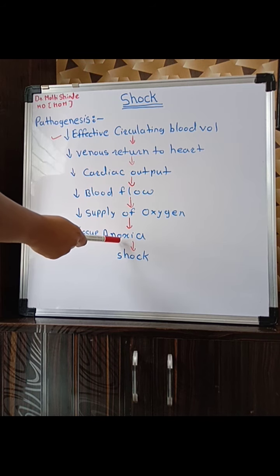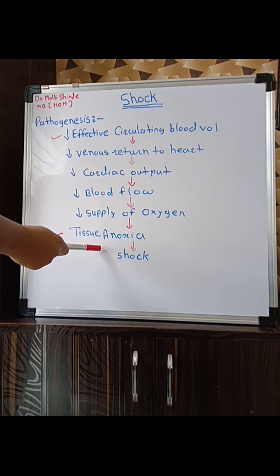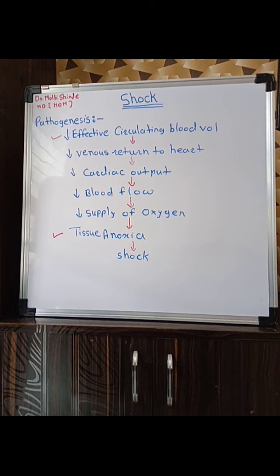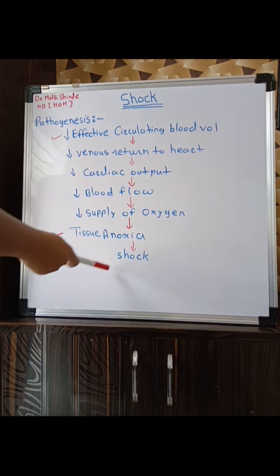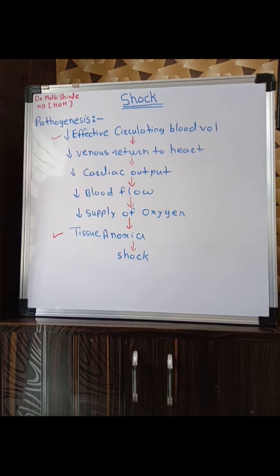Due to the lesser supply of oxygen, there is secretion of toxins by the cells and tissue, and when these toxins are secreted by the cells, that leads to the condition that we call shock, and it is a total clinical state that leads to cardiovascular collapse.